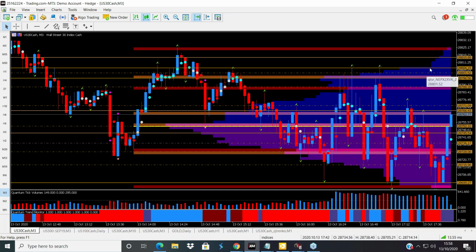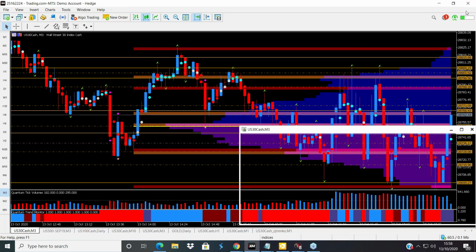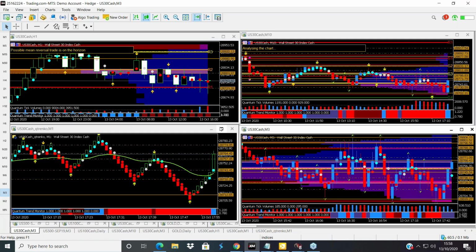And we have the levels very clearly marked for us up here. We've got 28,806, and we've got, what have we got down here? We've got 28,700. So as I said, a reasonable range, but that doesn't necessarily mean it is going to be easy to take pips on the faster timeframes.